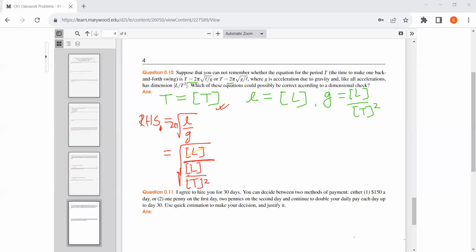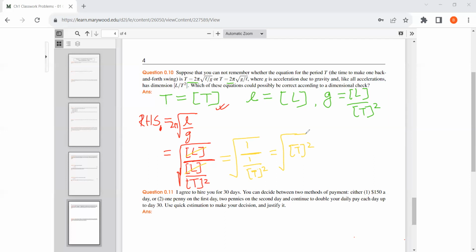So this L and this L cancel out. So we have something like this: 1 over 1 over T square. If you do this math operation, you can show that this is equivalent to T square.